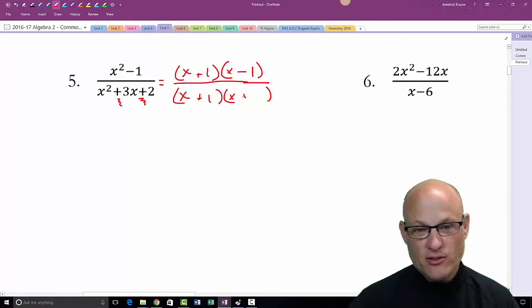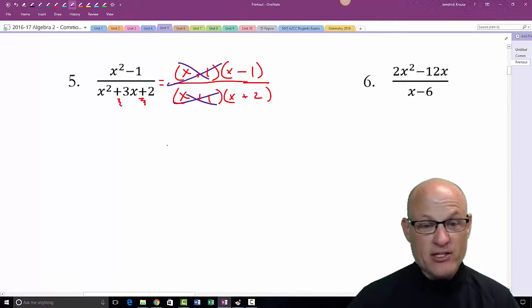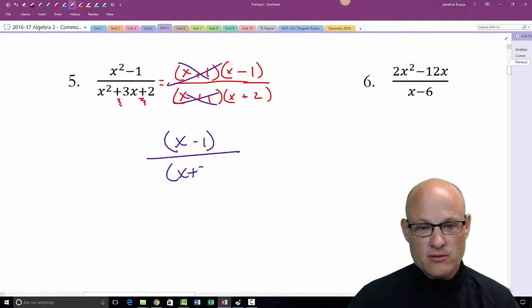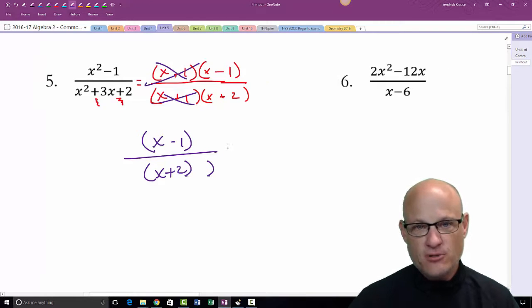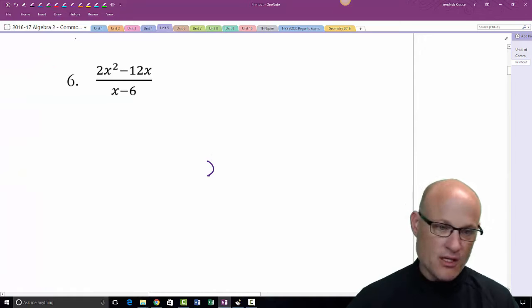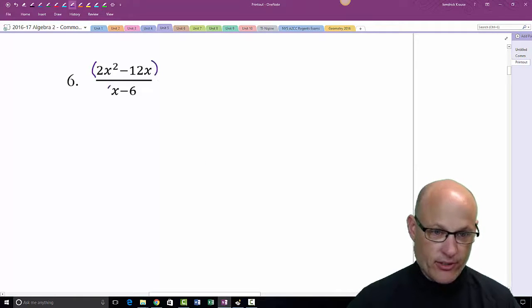Guess 2 and 1, right? Because 2 times 1 is 2 and 2 plus 1 is 3. So I come over here with my purple pen and cross stuff out, all over x plus 2. Almost done. I have to put some parentheses around these things, so I don't do anything dumb.